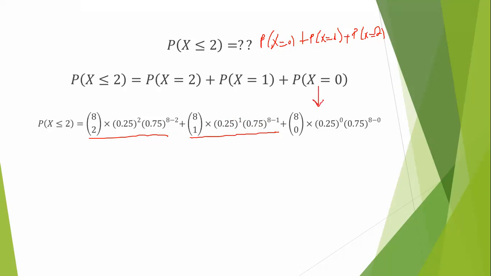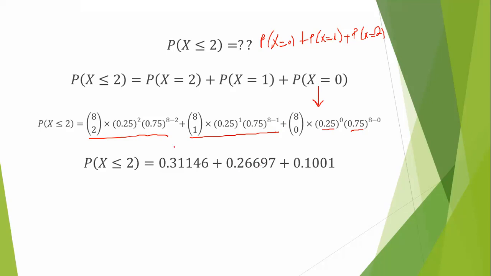Then for x equaling to 0, we shall have 8 combination 0, 0.25 to power 0, then 0.75 to power 8 minus 0. When we input those in a calculator, we should be able to get that. Emily, you could check for us one of them, such that we are sure that our answers are correct.